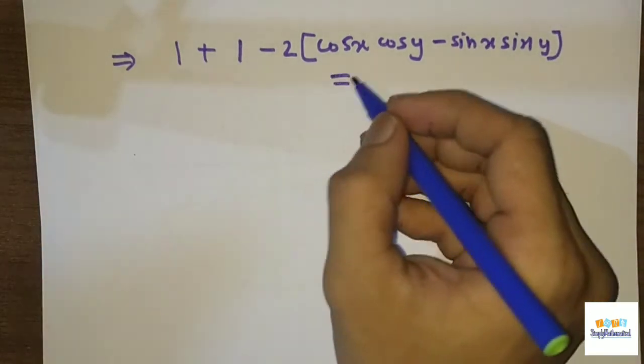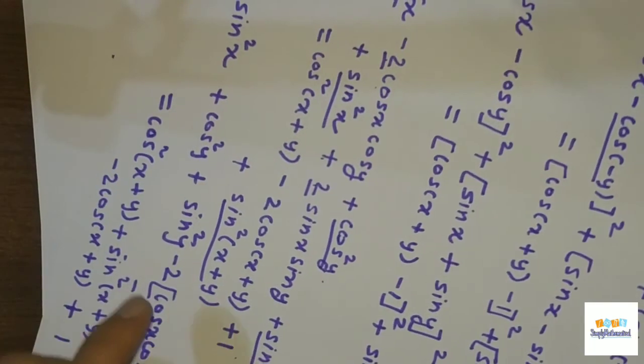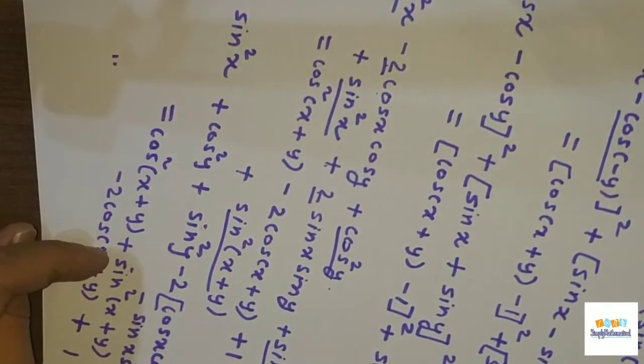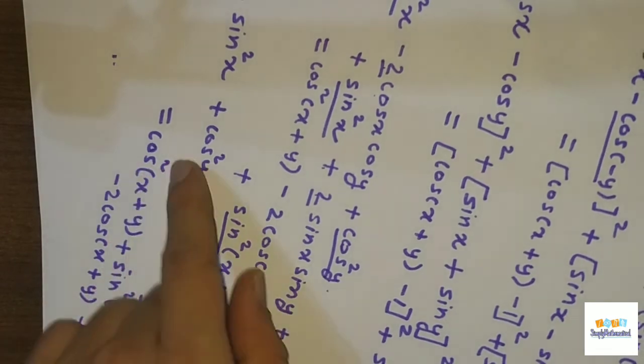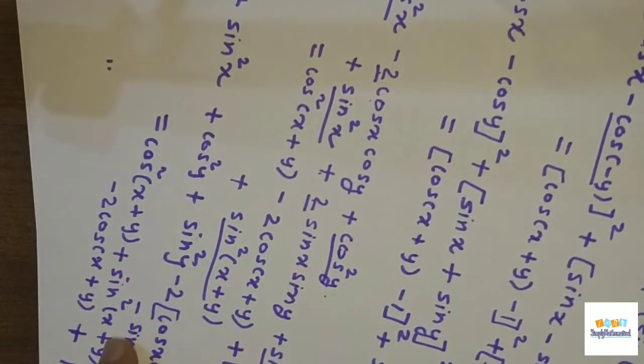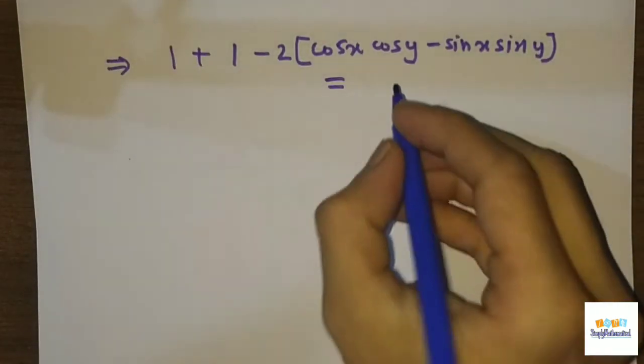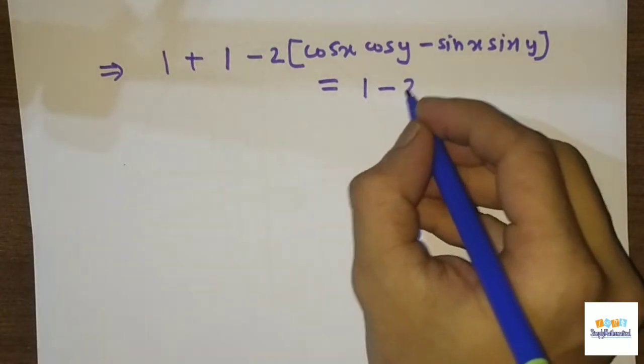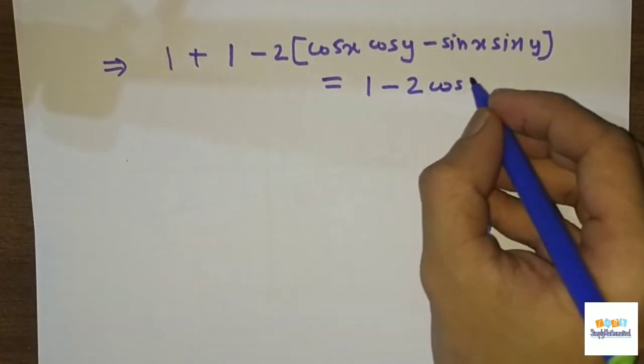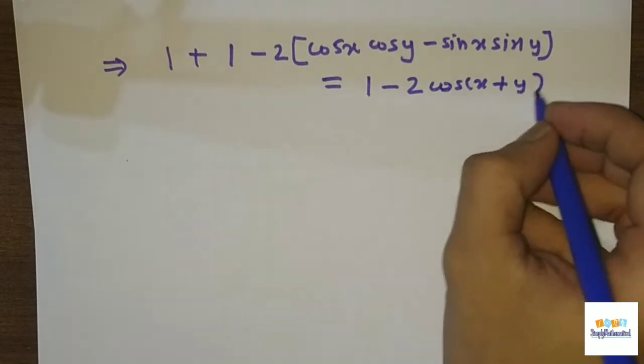That will be equal to what you had on the right hand side of the equation: cos square of x plus y plus sin square of x plus y, this whole thing is 1. So you'll get 1, and then you have minus 2 cos of x plus y plus 1.